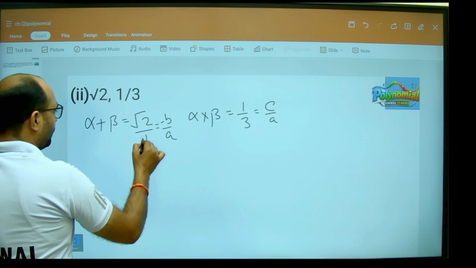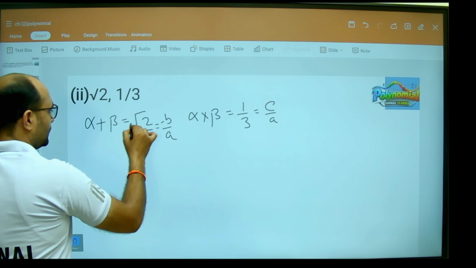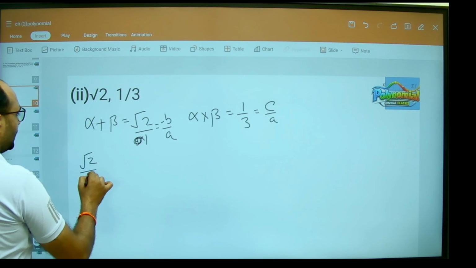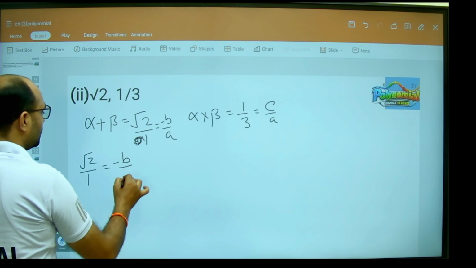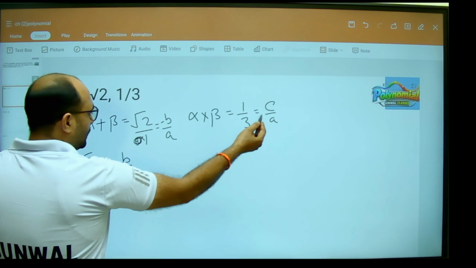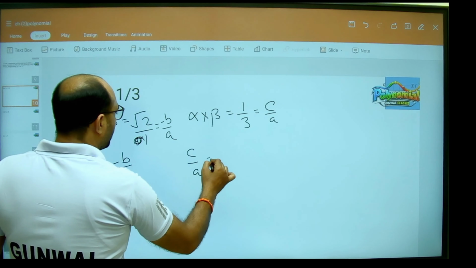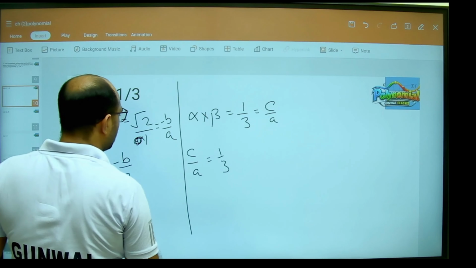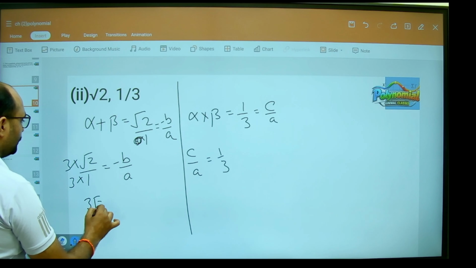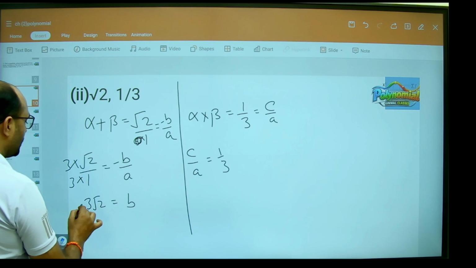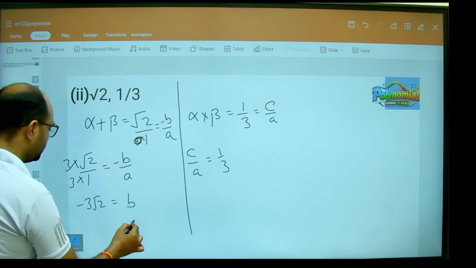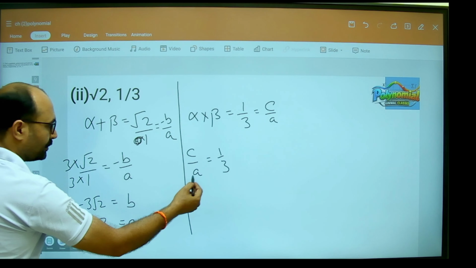So you have to multiply with 3. Root 2 by 1 is equal to minus b upon a. You have to multiply with 3. C upon a is equal to 1 by 3. This would be 3 root 2, which is equal to minus b. If you transpose this sign, b is equal to this. A is equal to 3 and c is equal to 1.